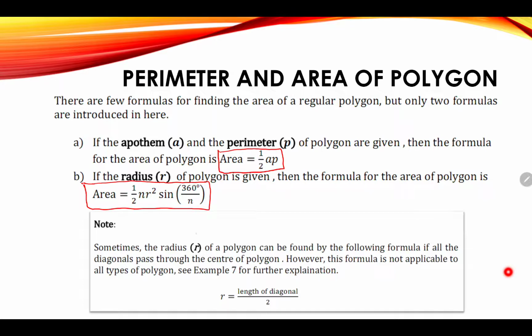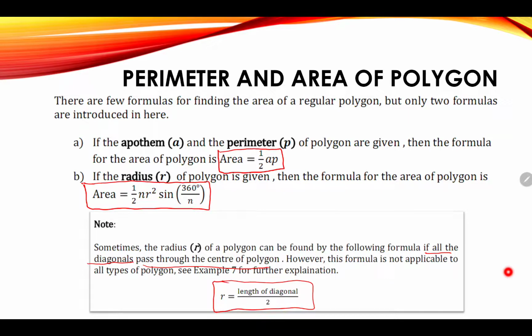Okay, note that sometimes the radius R, the radius of the polygon can be found by this following formula, which is R equals length of diagonal divided by 2, if all the diagonal pass through the center of the polygon. Okay, tapi formula ni tak boleh guna untuk semua jenis polygon.